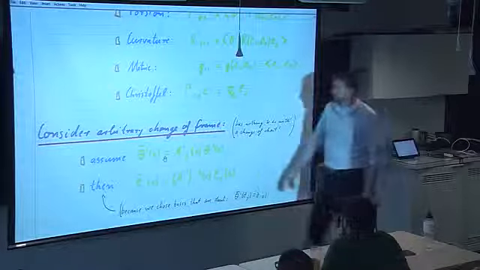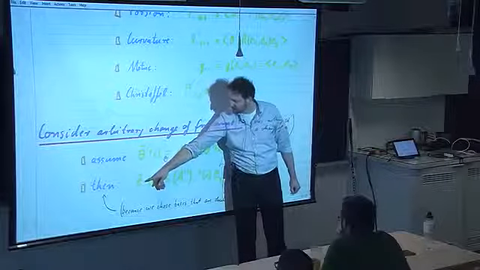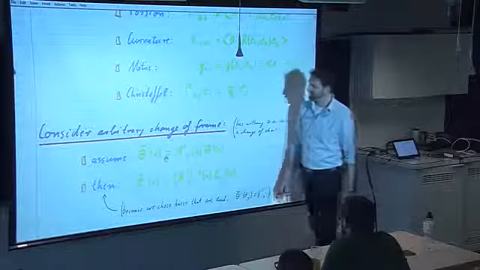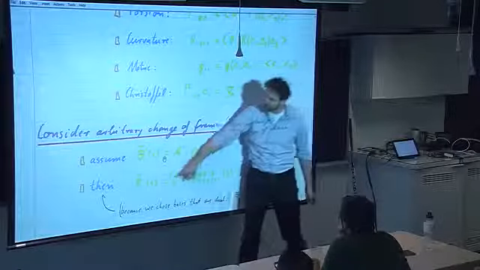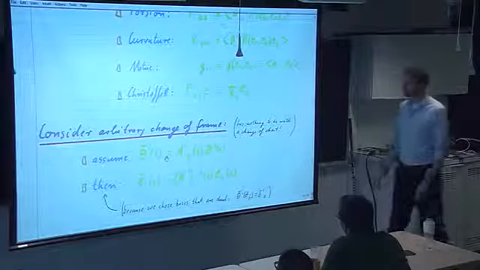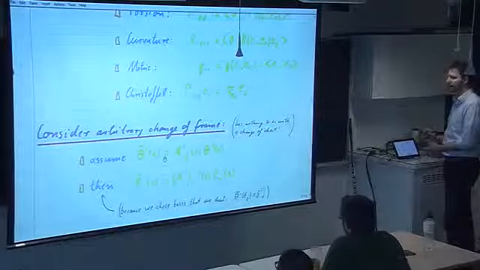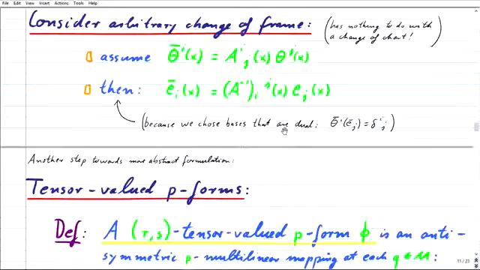And correspondingly, because we want the e bar basis to stay dual to the theta bar basis, this automatically implies that the e's must transform into the e bars using the inverse of the A matrix. Okay, so in this case, we are changing frame without changing coordinates. It has just nothing to do with choices of coordinates.